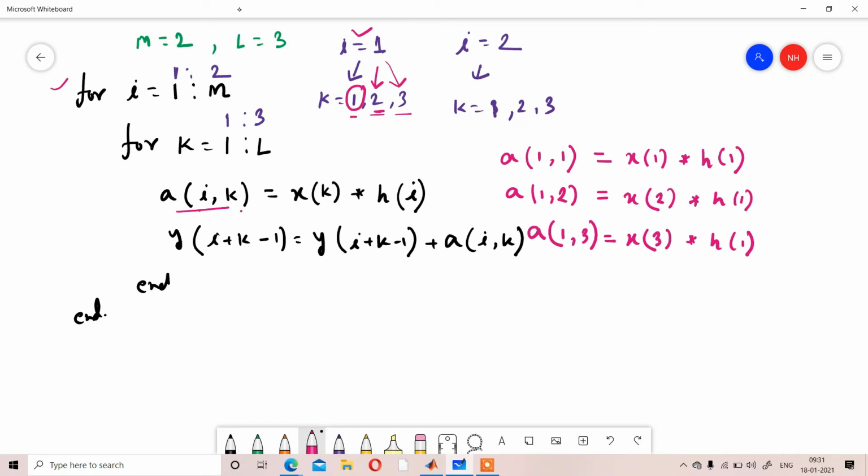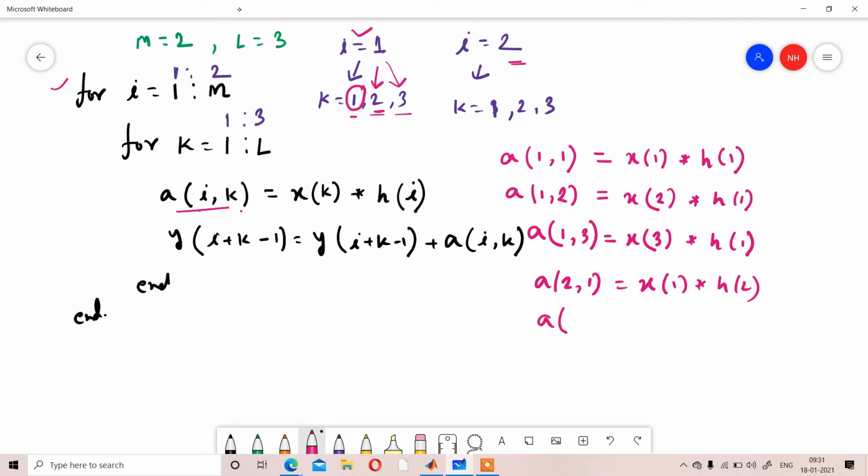Similarly, if we consider I equal to 2, again for I equal to 2, k equal to 1, 2, 3, so you will get 3 values of a again. So for I equal to 2, a2, k equal to 1, what will be? x1 into h2.